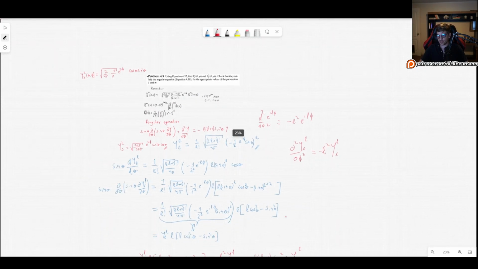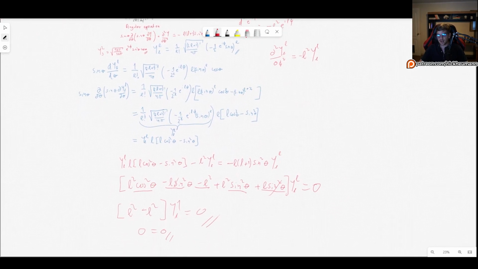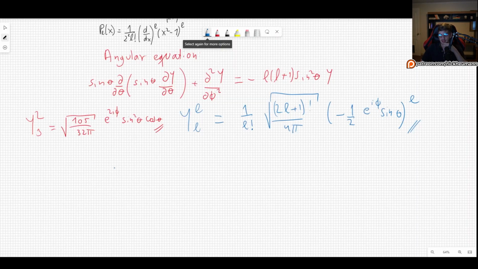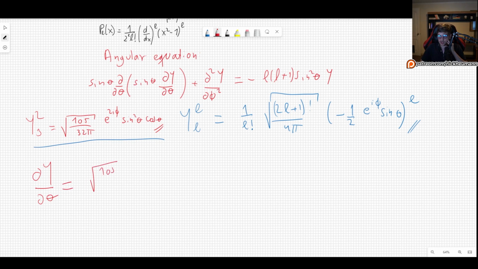Now let me clear the board and we will do the exact same thing, but for the other spherical harmonic. So let's do the exact same procedure for this other spherical harmonic. Let's first calculate its derivative with respect to theta. Our constants, of course, will not change: 105, 32 pi, e to the 2i phi.